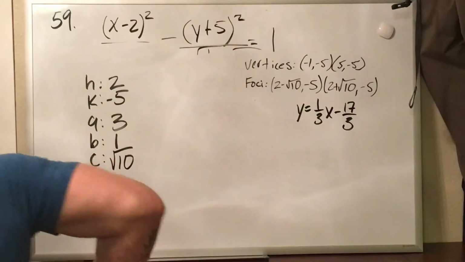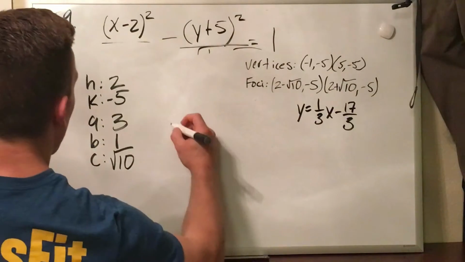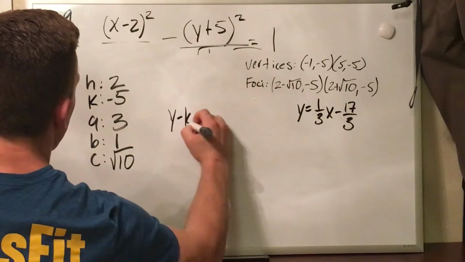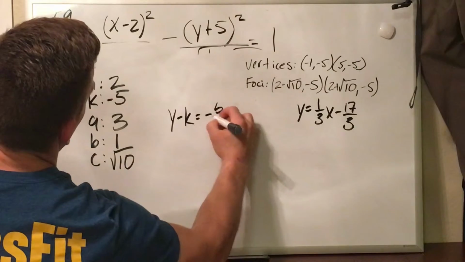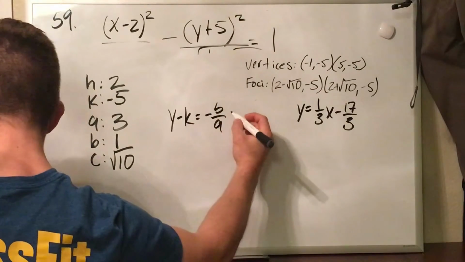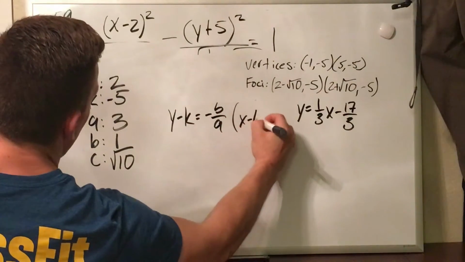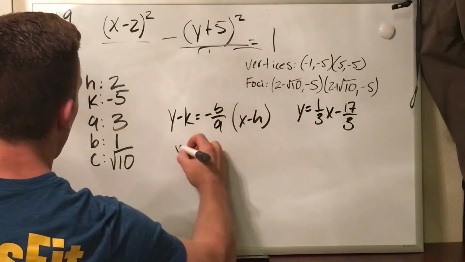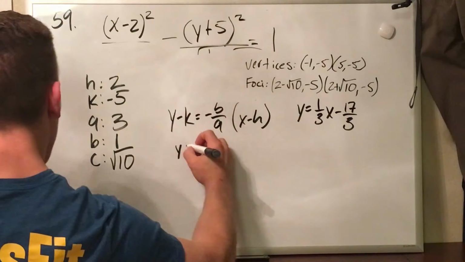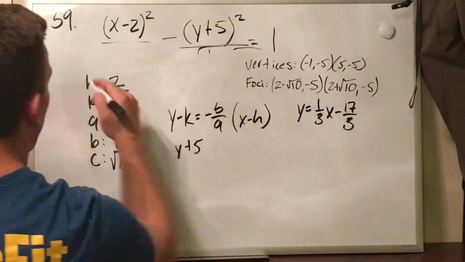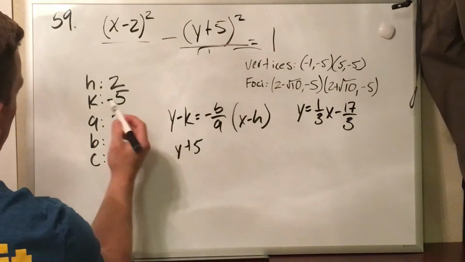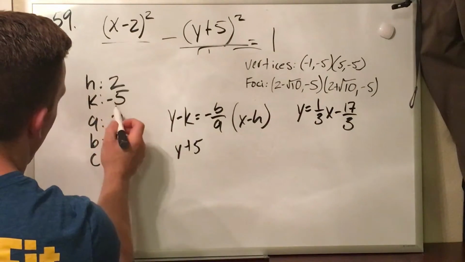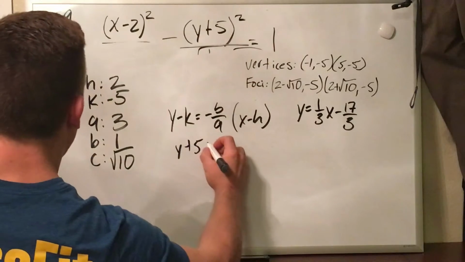For the other one, it's going to be y minus k equals negative b over a times x minus h. It's going to give us our y plus 5. Again, we're adding 5 because that is the same as saying y minus a negative 5.